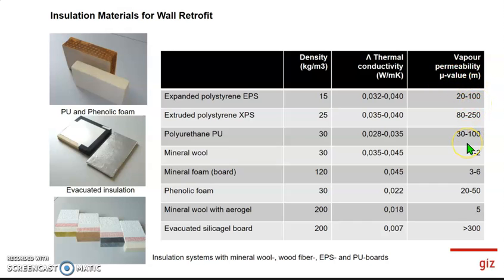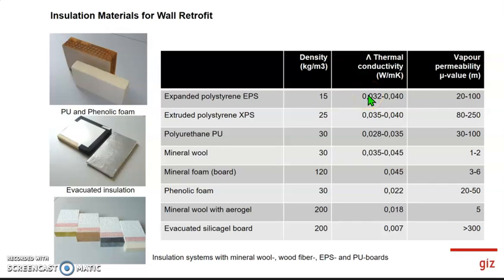This is actually how the material responds to moisture. The higher the value is here, the more it is a closed cell product, and you can use it outside, so it's not absorbing moisture.